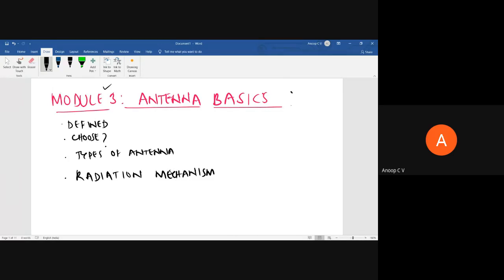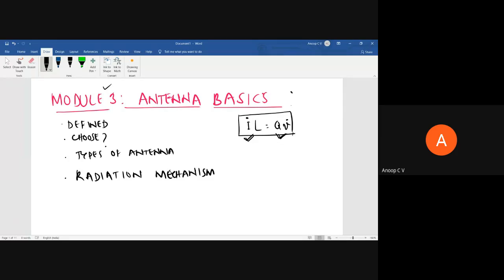It can either be harmonic or transient. We have seen the basic radiation equation. What was the basic radiation equation? I dot L is equal to Q V dot. This defines the very basic of radiation. It says the time varying current as well as accelerating charge can radiate.